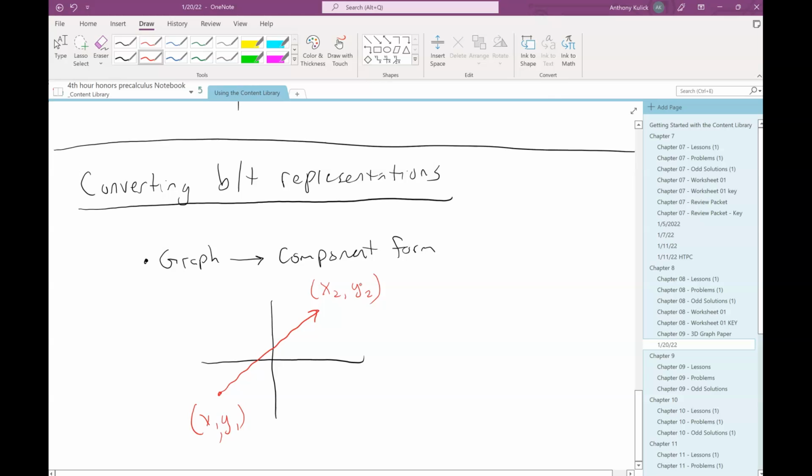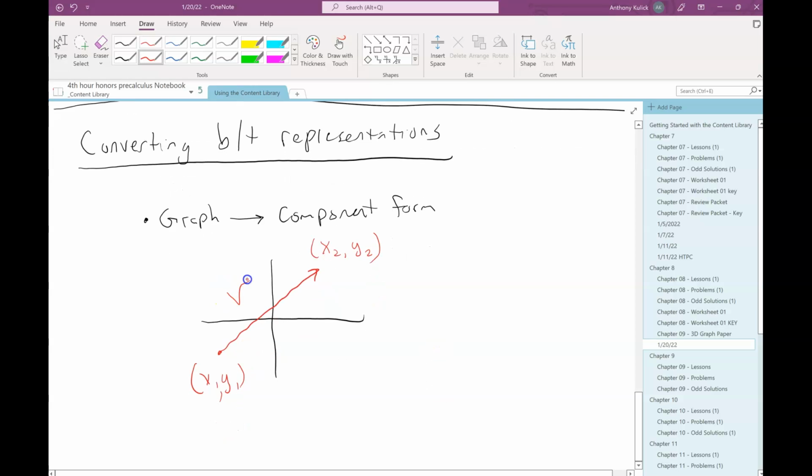So from the graph, I should be able to read off coordinates for the head and the tail of my vector, right? Pretty obvious that I can do that. So this is my vector v here. The component form for vector v is going to be x2 minus x1, comma y2 minus y1.